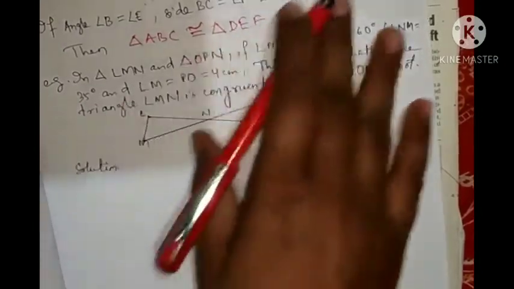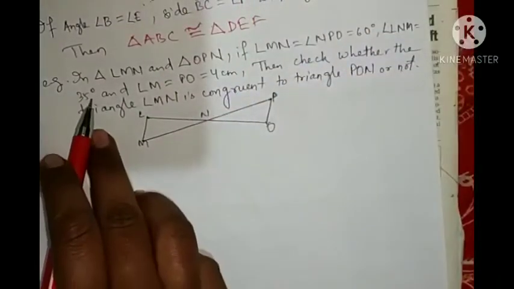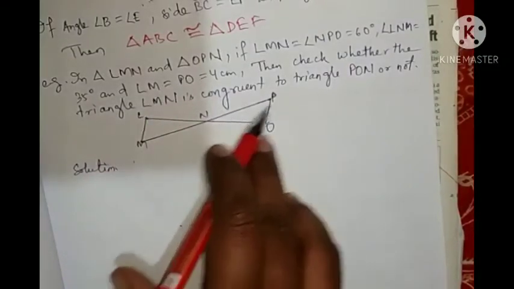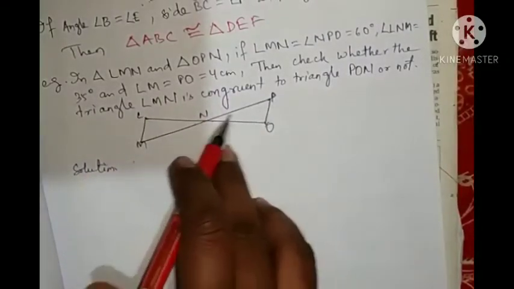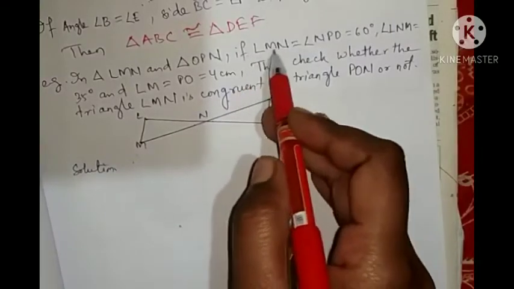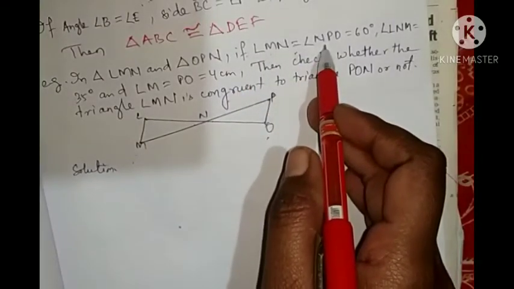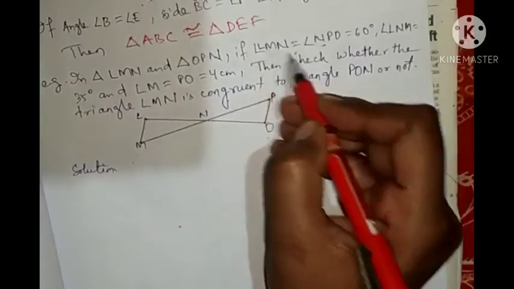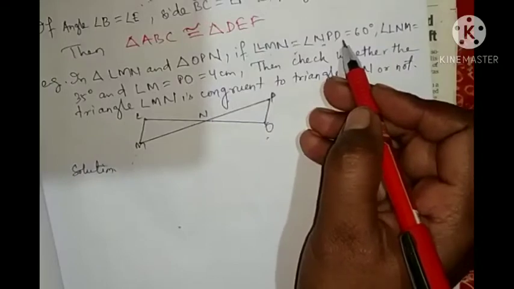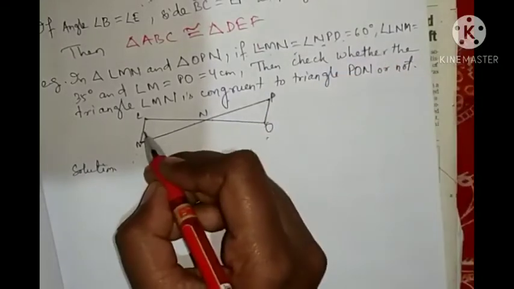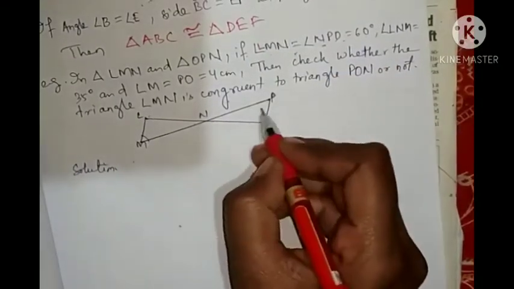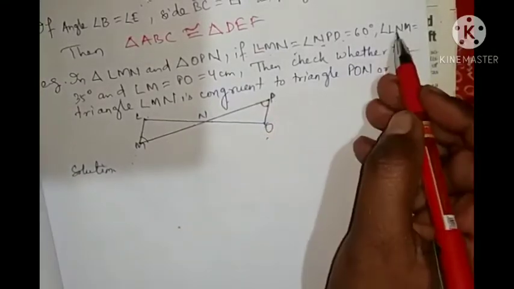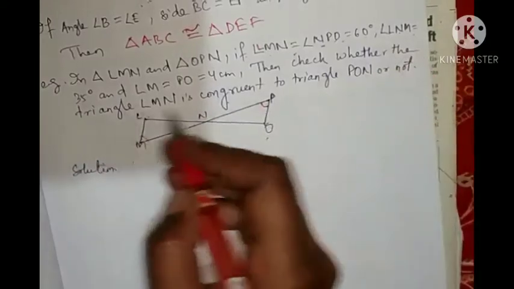So let's see one example. Here, look at here, it is given two triangles, LMN and OPN. Angle LMN is equal to angle NPO, that is how much? 60 degree, and angle LNM is 35 degree.